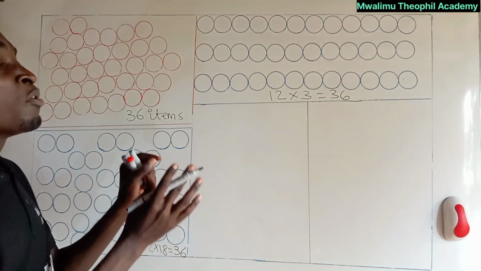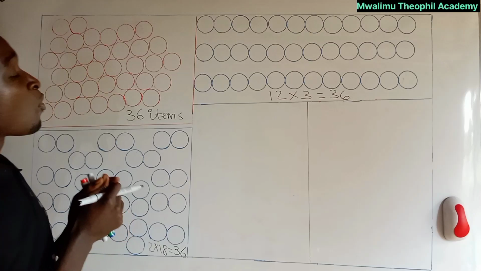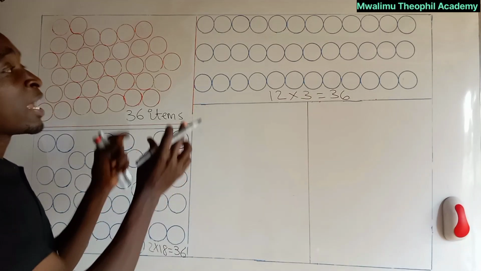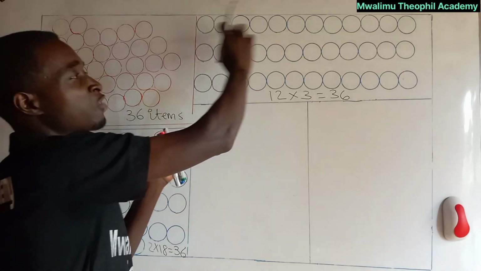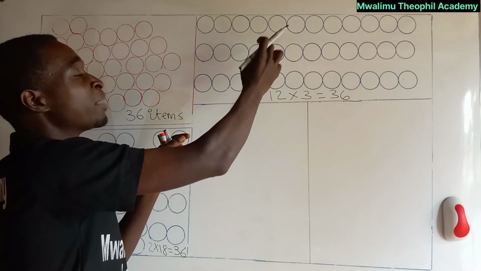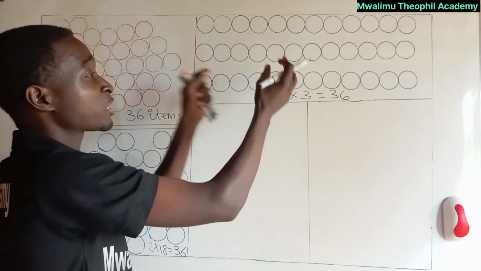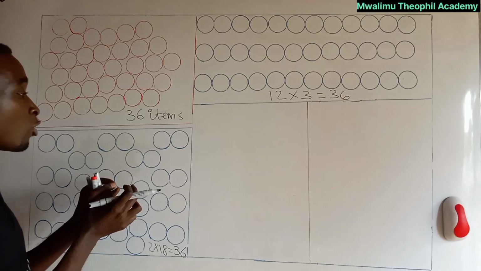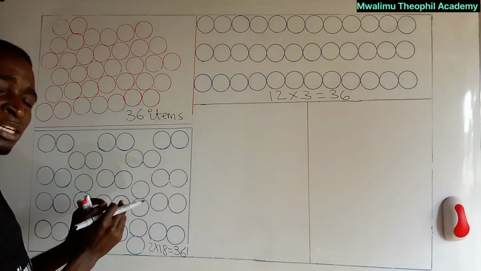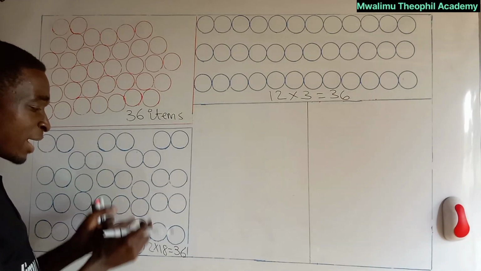Now, you may notice something. When the items are grouped in 3 groups, whereby each group has 12 items, it became easier to count the number of items than when the items were grouped in 18 groups, whereby each group has 2 items.